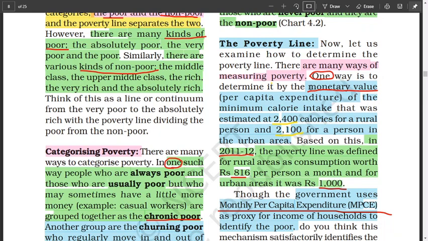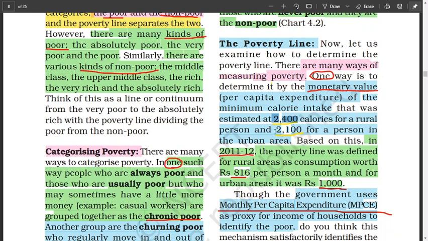Calorie intake is the food that we take in. When we take food, we get nutrients like carbohydrates, vitamins, and protein, and we calculate all those. If you can get a total of 2400 calories per head per day in a rural area, then you are no longer poor.